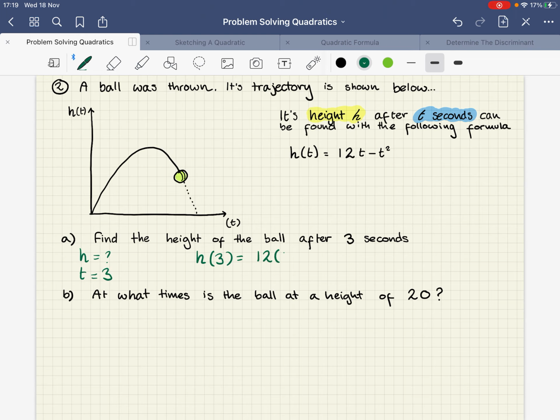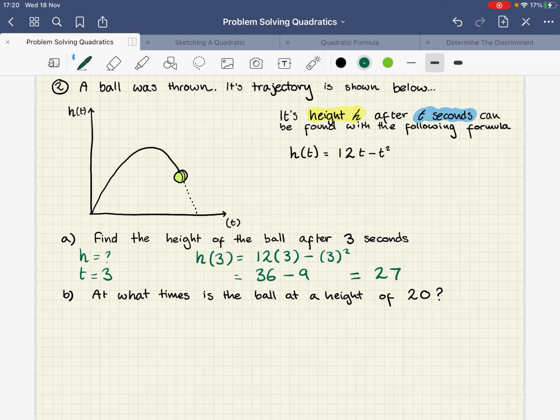So I'm going to have 12 times 3 minus 3 squared. So 12 times 3 gives me 36, minus 9. So the height after 3 seconds is going to be 27. It's not giving me a unit, so it's just going to be 27 whatevers: centimeters, meters, inches, whatever.